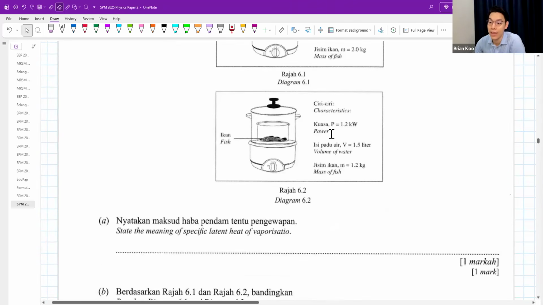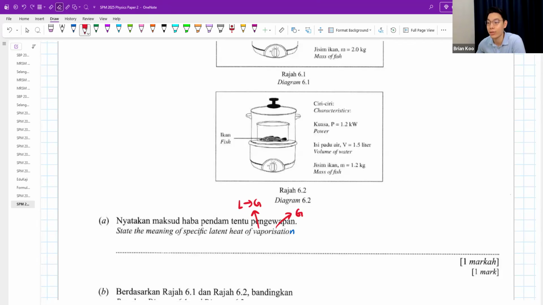State the meaning of specific latent heat of vaporization. Vaporization got two. It can be liquid to gas, or it can be gas to liquid. Liquid to gas is called boiling. Gas to liquid is called condensation.